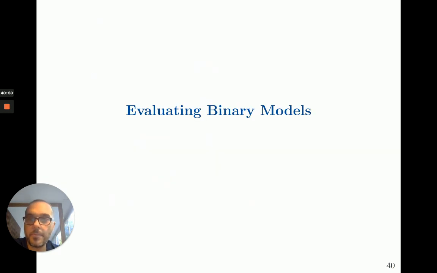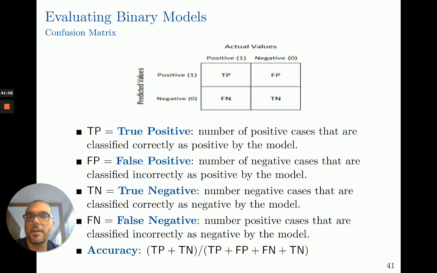Okay? All right. So the last part of this block one, we're going to look at how can we evaluate binary models. The first way of evaluating if a binary model has a good fit, because with regression we have R-squares, we have MSEs, we have a bunch of metrics that we can evaluate models.